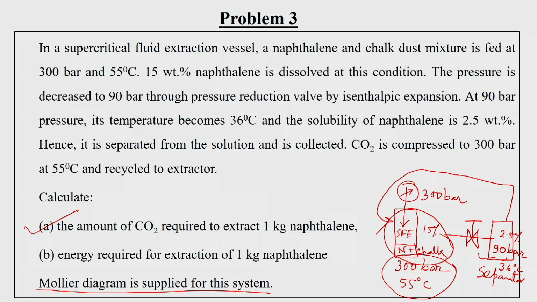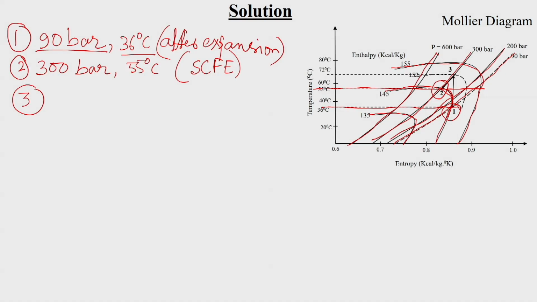From here it will be compressed to 300 bar, and then the temperature will become 72 degrees Celsius. So we have 300 bar and 72 degrees Celsius after compression.